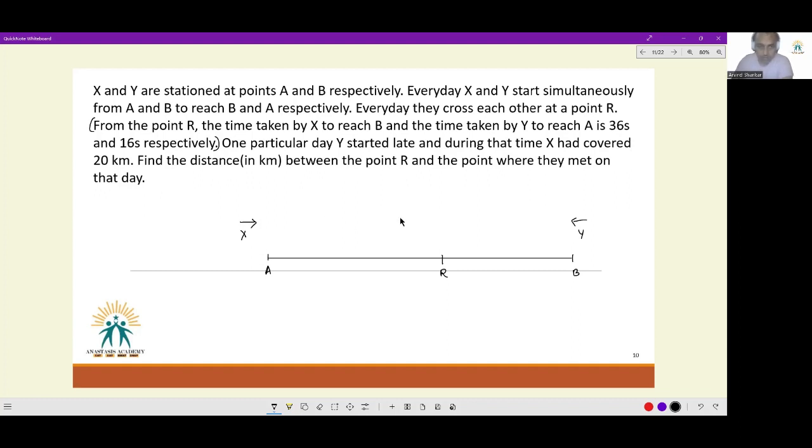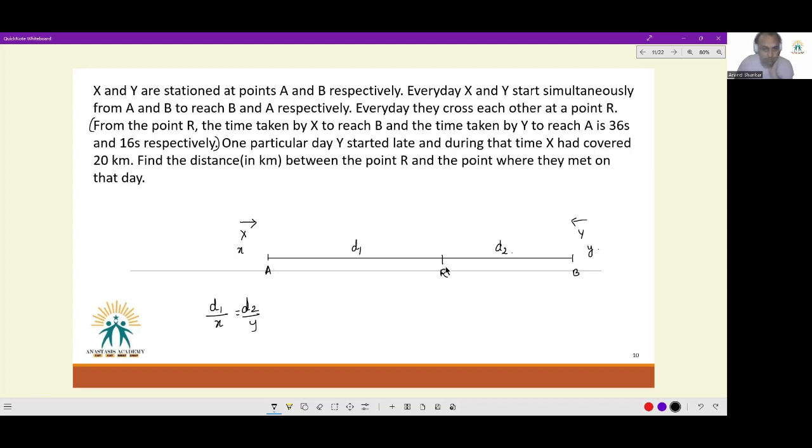Say if this distance was D1, this distance was D2. Let's say the speed of X was small x, the speed of Y was small y. What we have been told is D1 by x is equal to D2 by y.